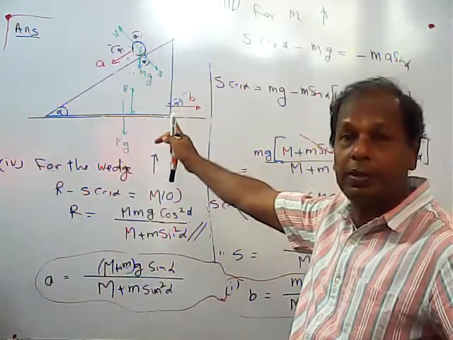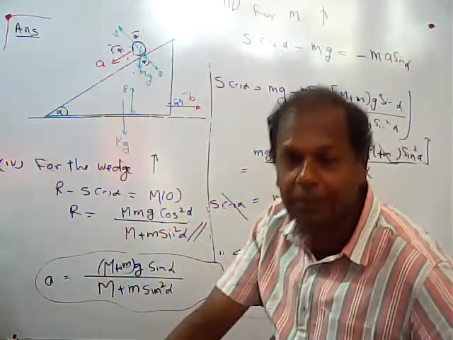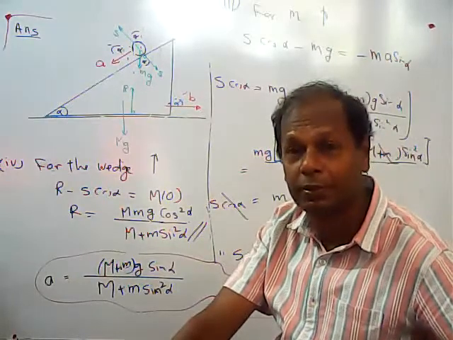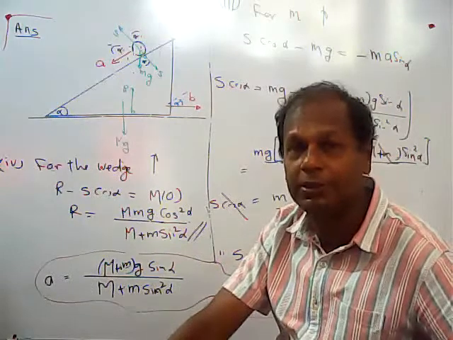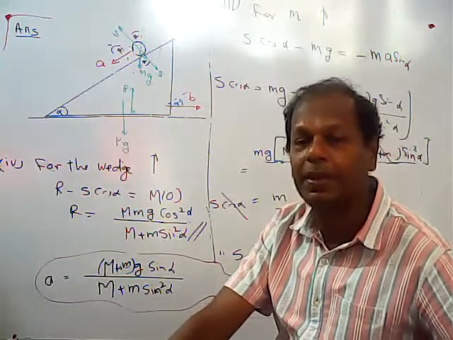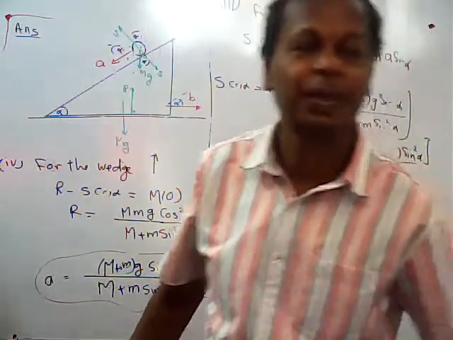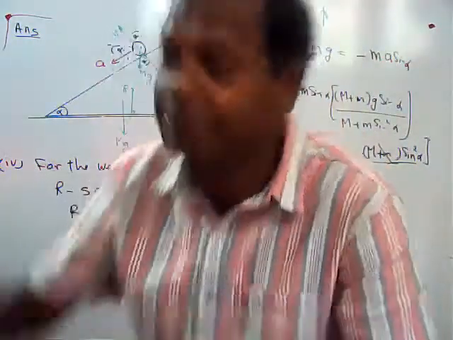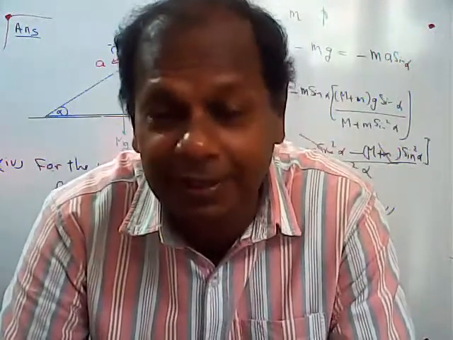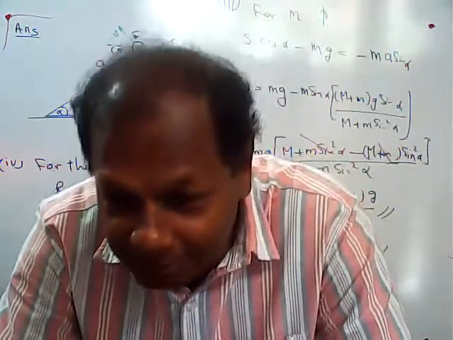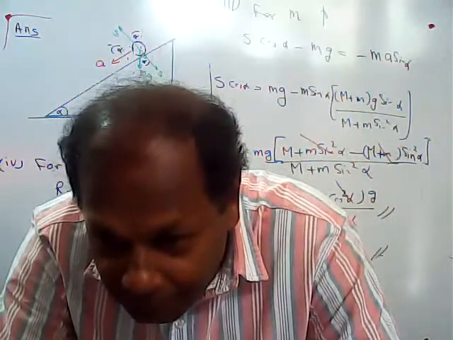M into the acceleration of the particle vertically. You said it is 0. Not for the particle, sorry, for the wedge, the vertical acceleration, there is no motion for the wedge in the vertical direction. Isn't MG coming?